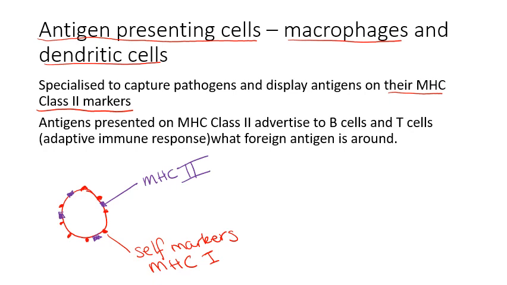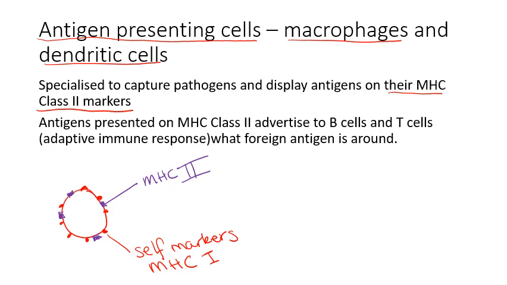MHC Class II markers. And the purpose of these markers is when this antigen presenting cell, so a macrophage or a dendritic cell, engulfs a pathogen or a non-self antigen, it uses those digestive enzymes to break it up, but it holds onto a very small part of that pathogen, a part of its antigen, and it actually places the antigen of the pathogen and attaches it to an MHC Class II marker.